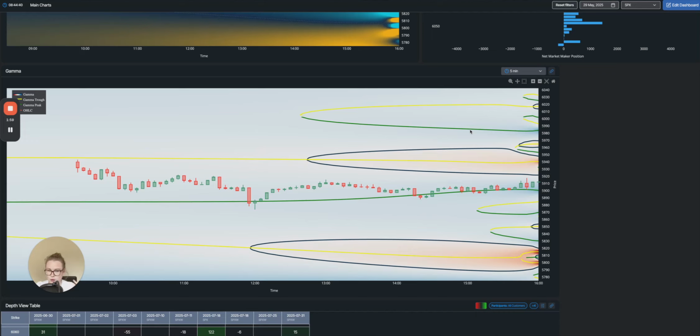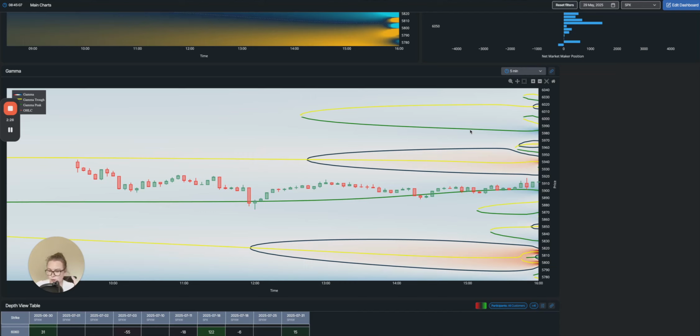So let's say they've sold 1,000 call options at the 6,200 strike on SPX. When SPX is at 6,000, those calls might only have a delta of like 0.1 or 0.2. Let's say 0.2 just for argument's sake. This means the dealer needs to hold 20 shares worth of SPX via futures or ETFs per contract to stay neutral.